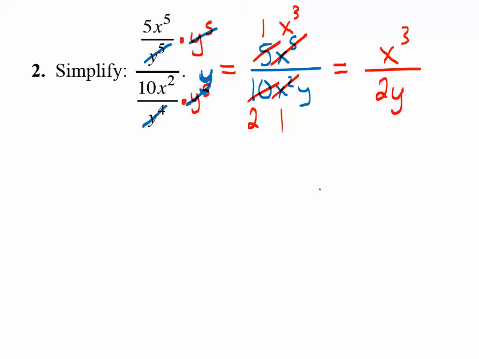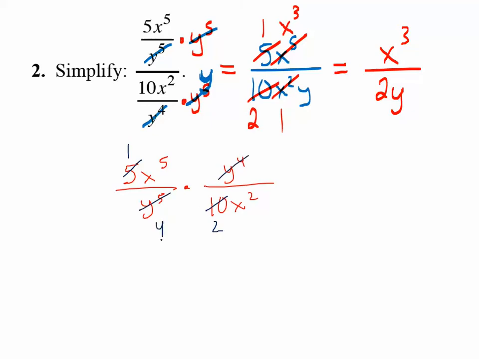All right, Kelly, you want to see it the other way? Let's go for it. The other way would be 5x to the 5th over 5y multiplied by y to the 4th over 10x squared. Looking at this, that's going to become a 1, and that becomes a 2. And how about y to the 5th, y to the 4th?